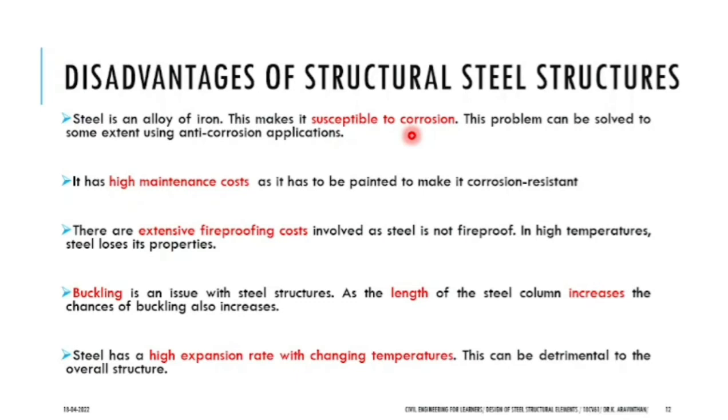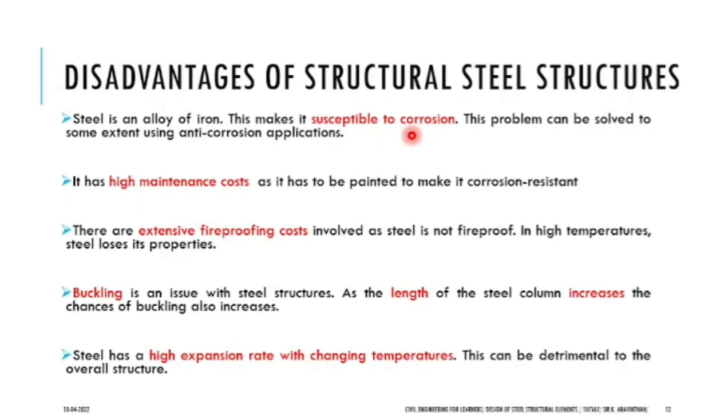What happens if the humidity is very high, the water presence is very high, there is a chance of high corrosion. So you cannot build the steel structure on the seashore. Even if it might be a single floor, if you are going for steel construction, it will be corroded quickly.